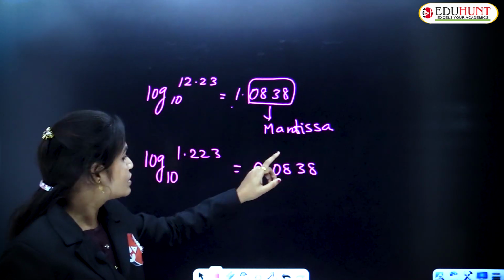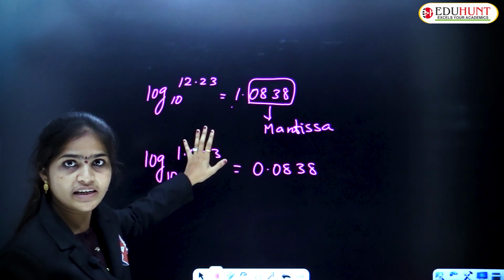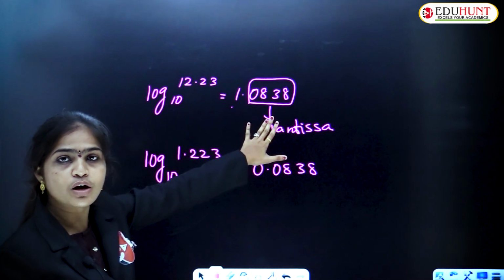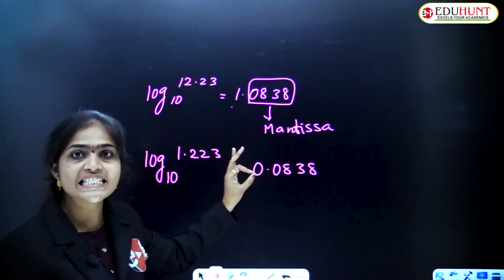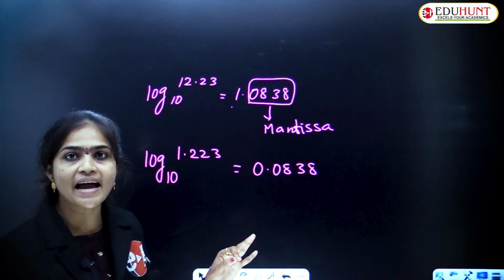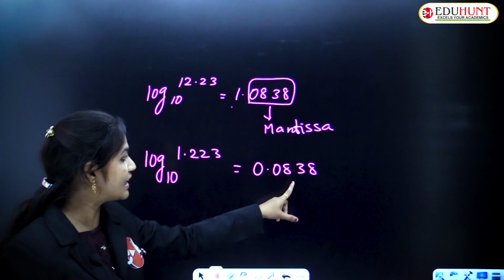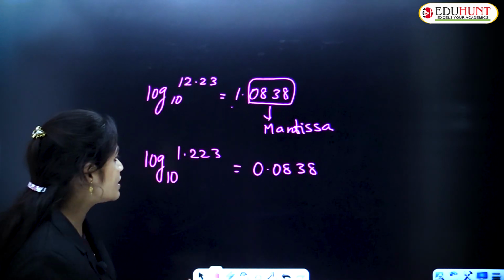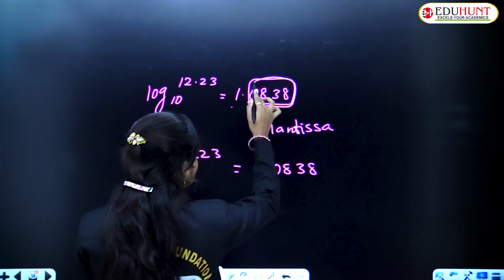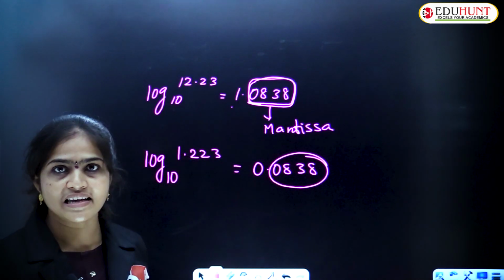So the digits are the same, but only the decimal places are different. So for this type of logarithmic values, the mantissa is always the same. If you multiply this with 100, then also you will get the same mantissa. So what is the mantissa here? 0838. Here also 0838 is the mantissa.